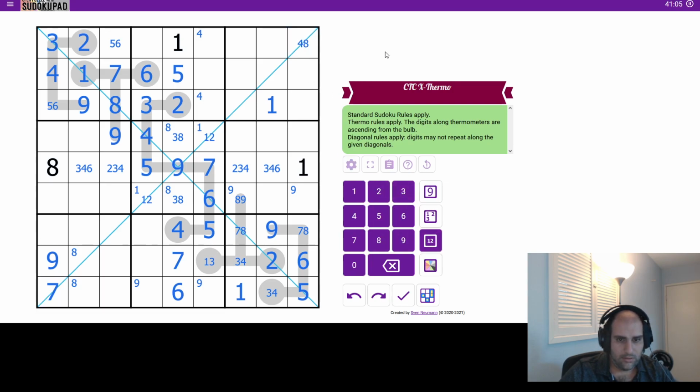This isn't the 7. 7 goes here. 7 doesn't go there, it must go here. Can't go there, has to go here. Now what? There's an 8 looking right at him. These are 8 and 9.